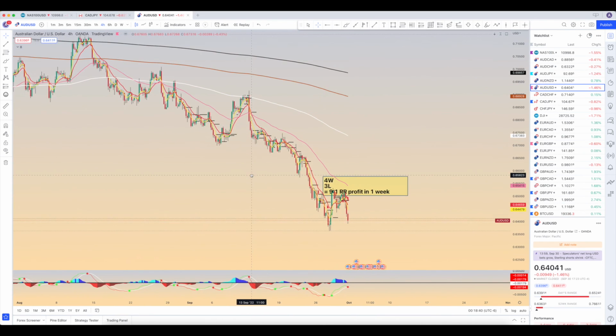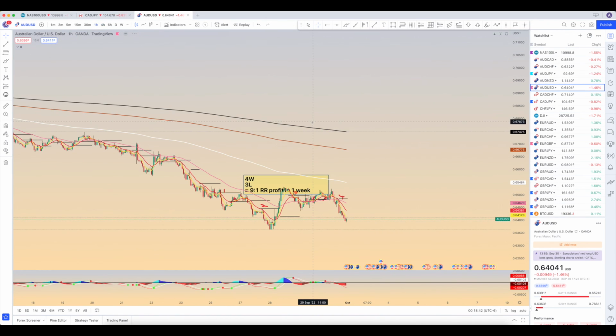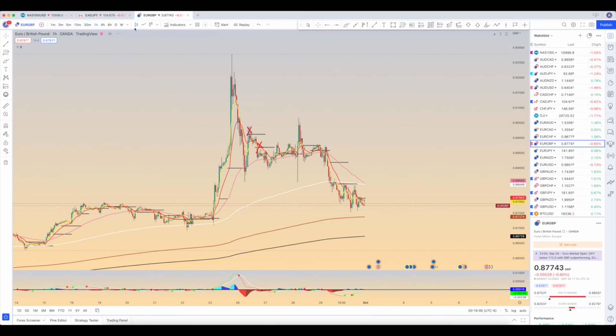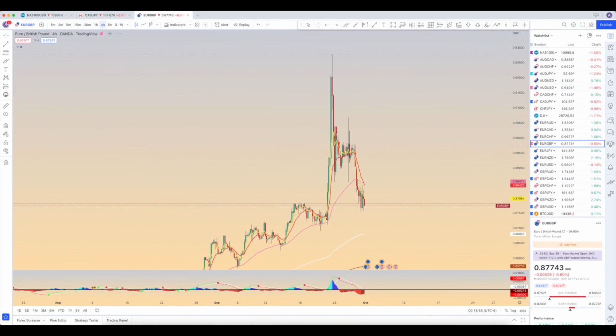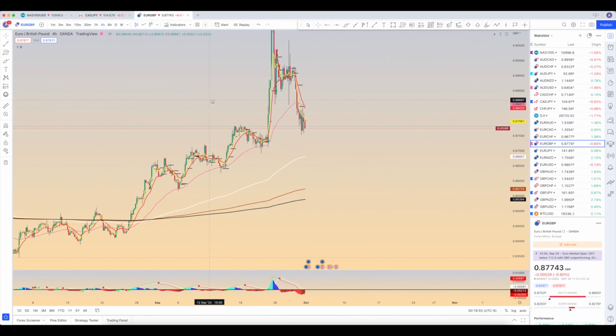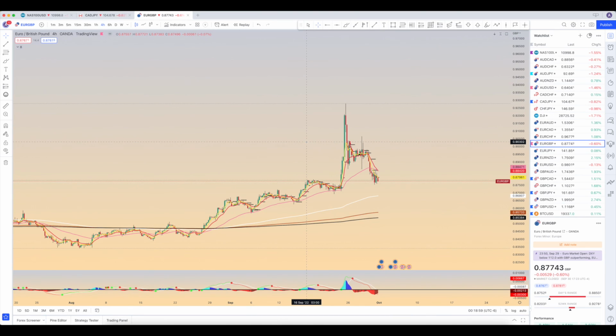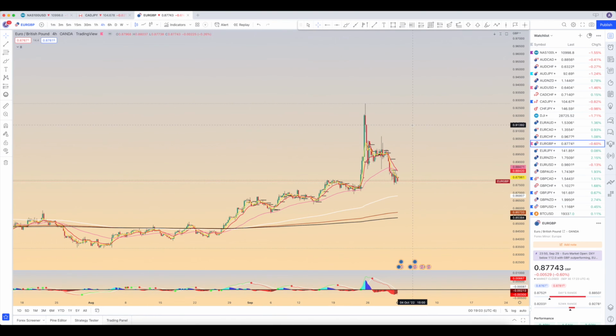AUD USD for sells on the 4 hour and the 1 hour looks good. And Euro GBP on the 1 hour, not so good. We're getting mismatched EMAs, some pointing down, some pointing up. On the 4 hour, definitely not good. So we stay out until all EMAs are pointing in the same direction. That's it. And just by following that, we did 20 to 1 this week.